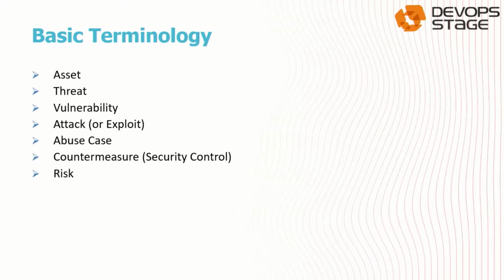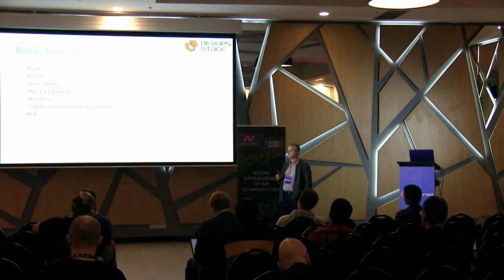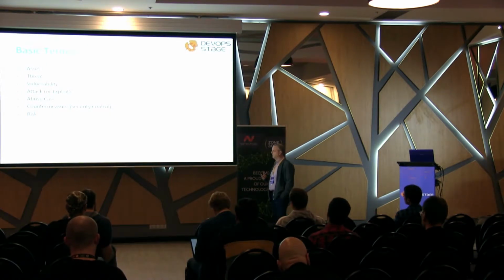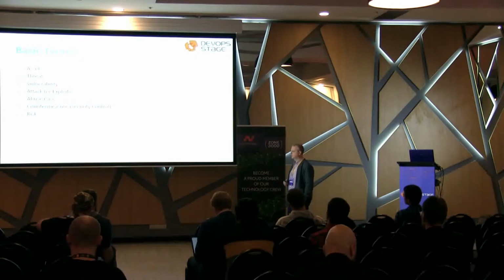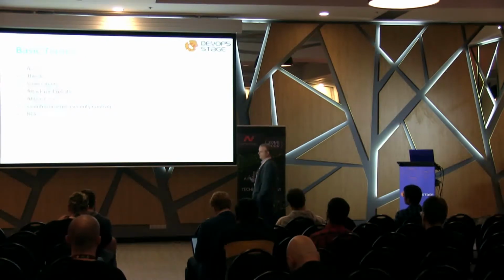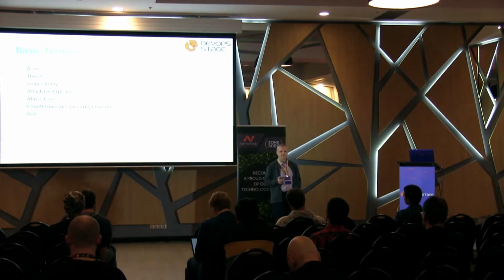Abuse case. I think you're all aware of use cases. Use cases are actually our functionality. It's how our application behaves. For example, we have a use case for transferring an amount of money from account A to account B. So what if I transfer minus $100 from my account to account B? So what would be the consequences?